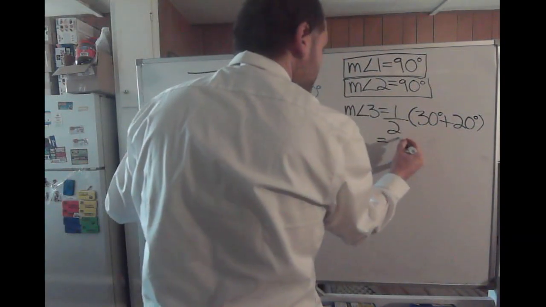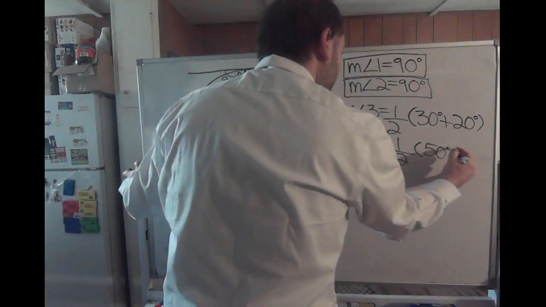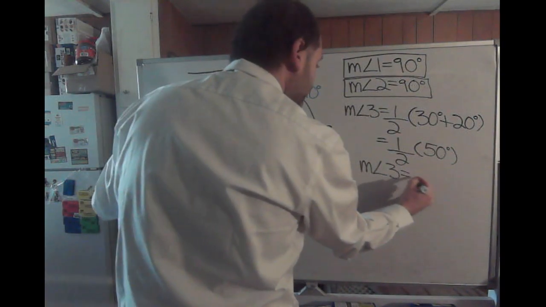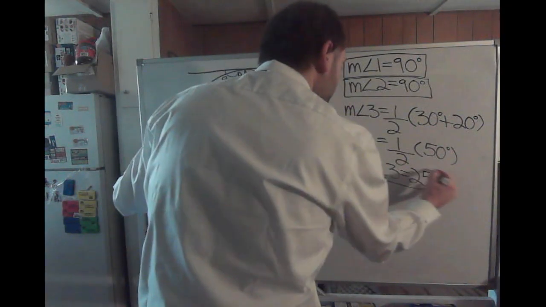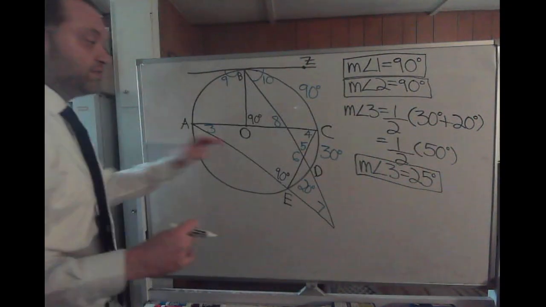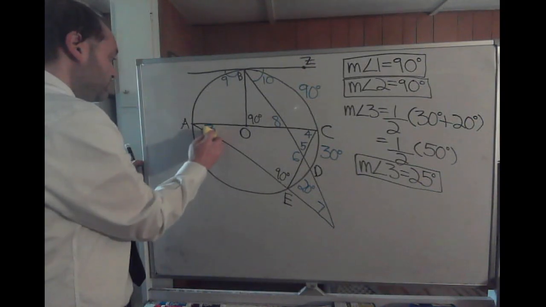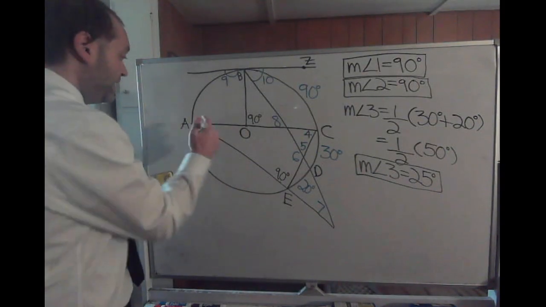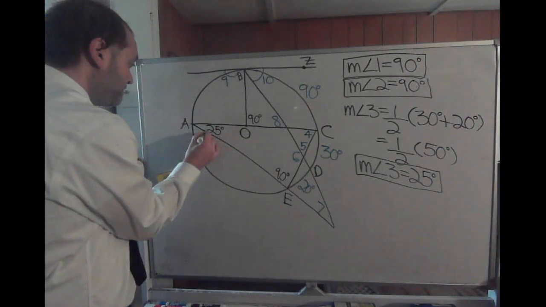Which means it's equal to half of 50 degrees, which could only mean then that the measure of angle 3 is equal to 25 degrees, since it's equal to half the measure of the arc it intercepts, since it's an inscribed angle. So now we have that the measure of angle 3 is 25 degrees.